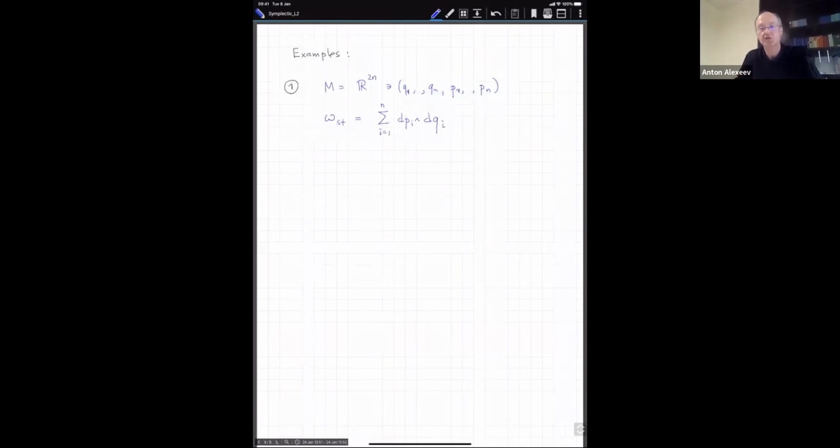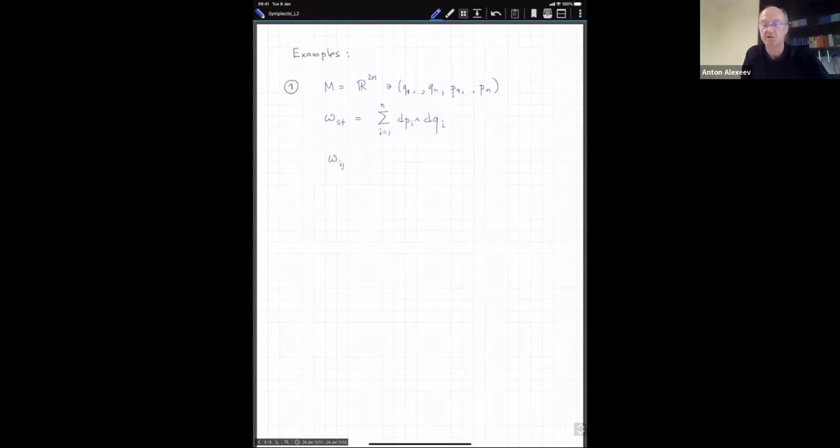I think actually some dissident people write dqi wedge dpi, right? That's a big question. I was recently teaching a course on introduction into symplectic geometry and mechanics, and she wanted to use dqi wedge dpi. So that was very hard, how to reconcile our conventions. But that's at least one of the standard choices.